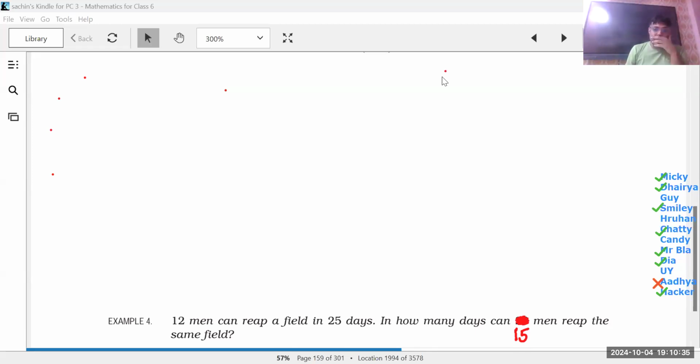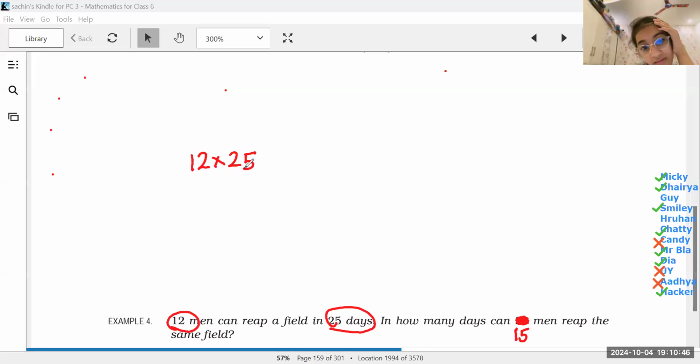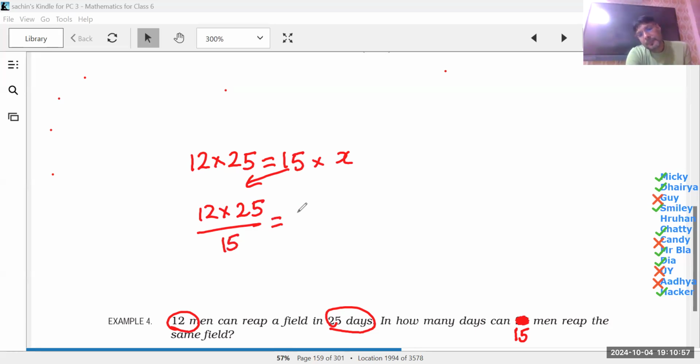Candy, what is the product? The product is 12 into 25. Am I right? Yes, sir. That will be equal to 15 into X. So 5 fives are 25, 5 threes are 15, then 3 ones are 3, 4.